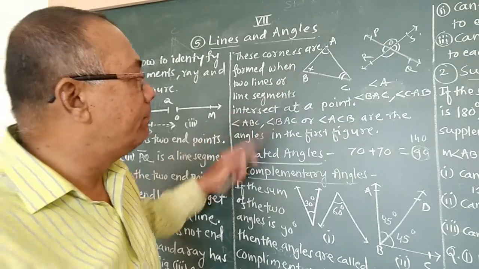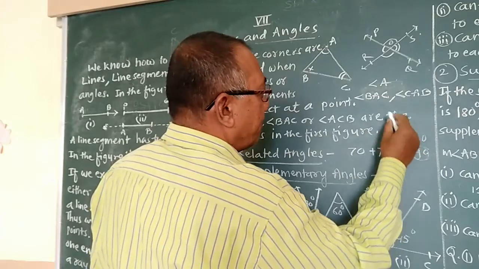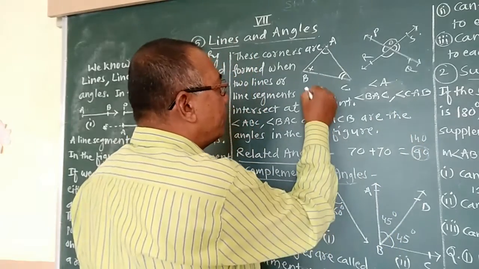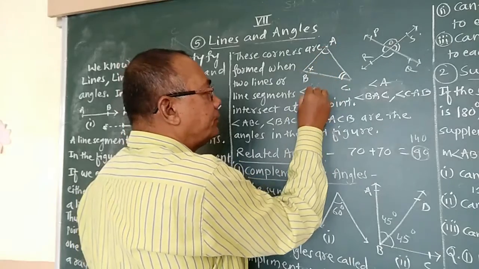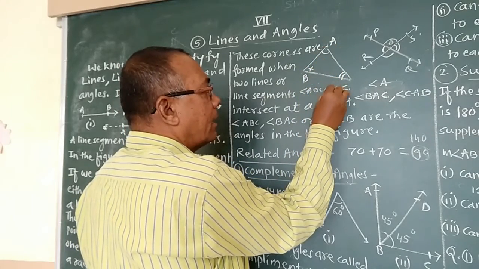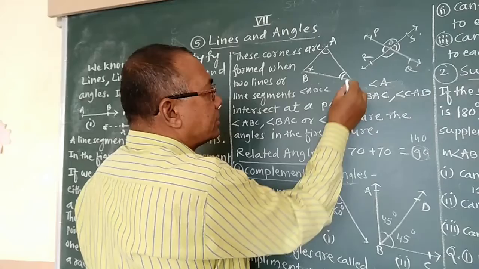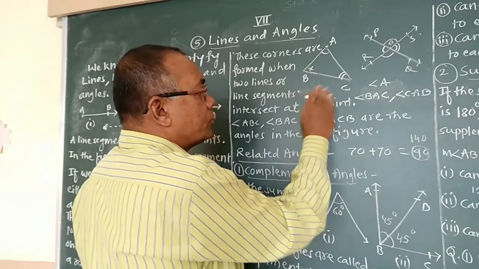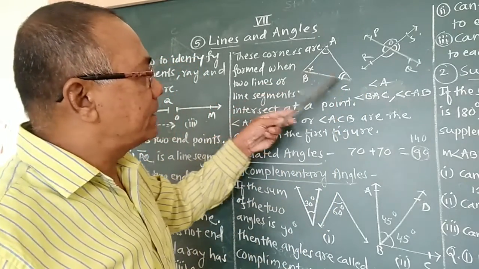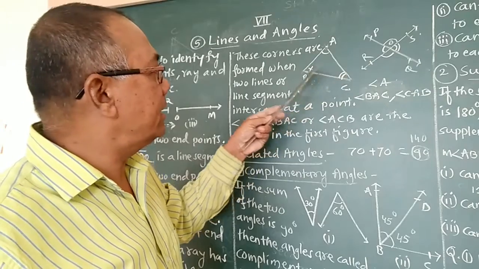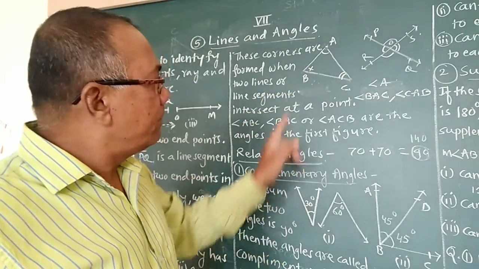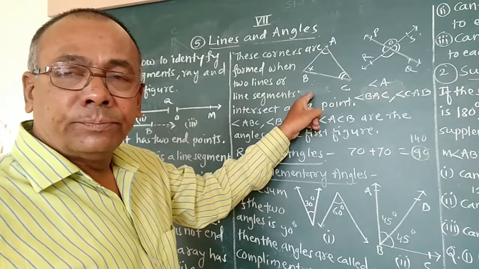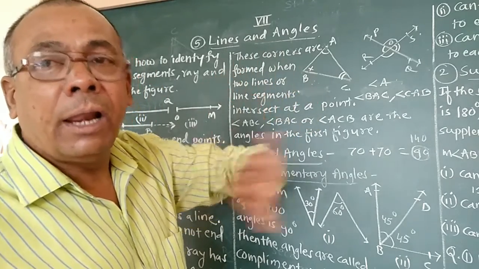Here ray AB and ray CB, these two rays or line segments intersect at B, and therefore we get angle B. Angle B can be denoted as angle ABC or angle CBA. Here also the middle letter indicates the angle.